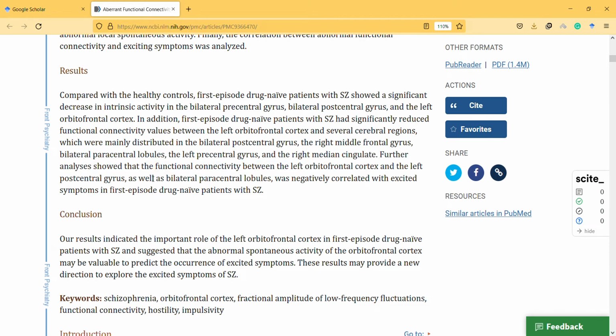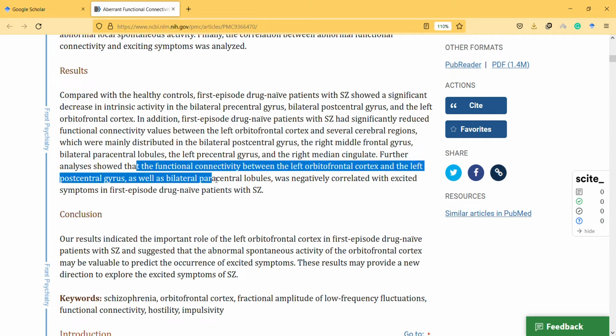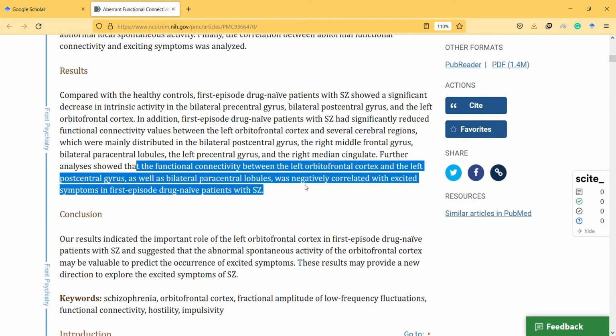Further analysis showed that the functional connectivity between the left orbitofrontal cortex and the left postcentral gyrus and bilateral paracentral lobules was negatively correlated with excited symptoms in first episode drug naive patients with schizophrenia.